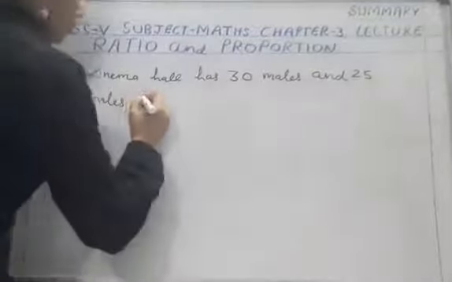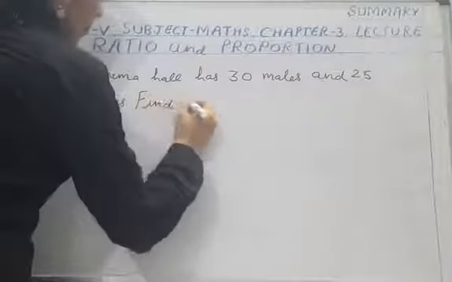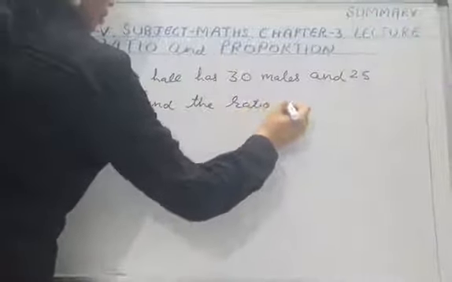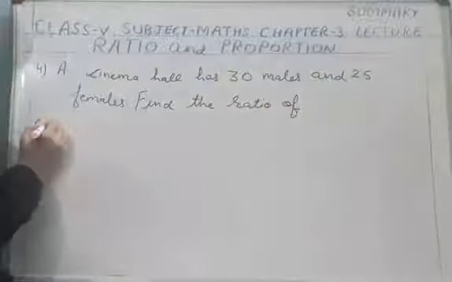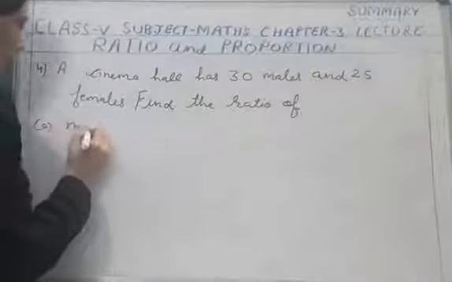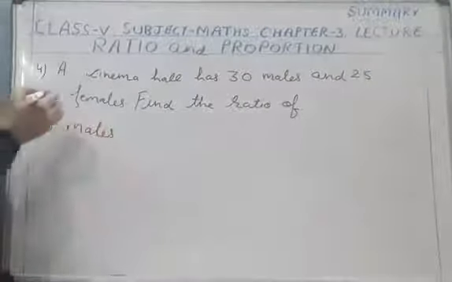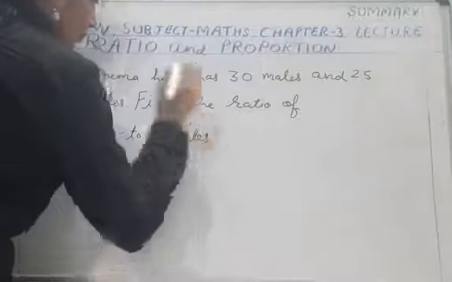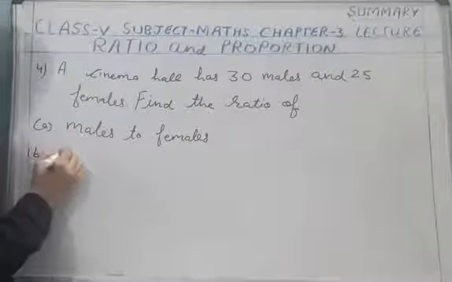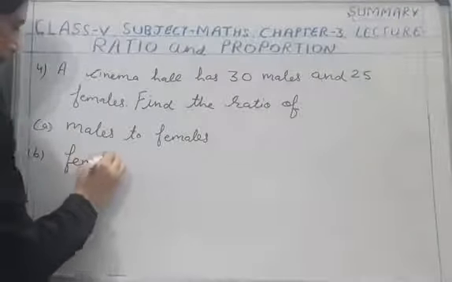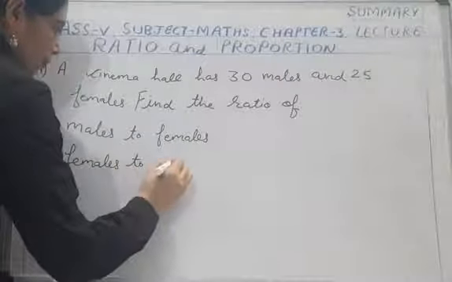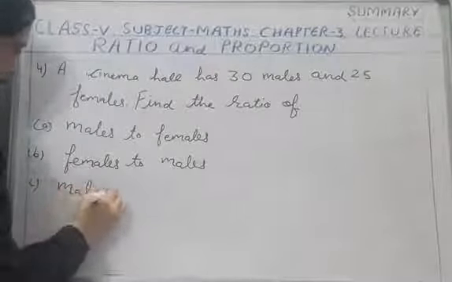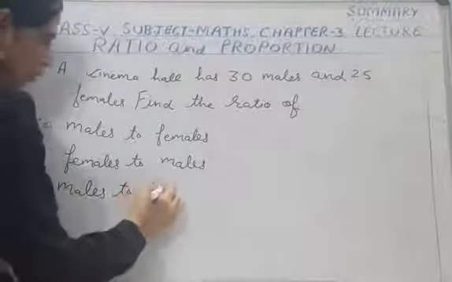Find the ratio of A, males to females, B, females to males, and C, males to total people.